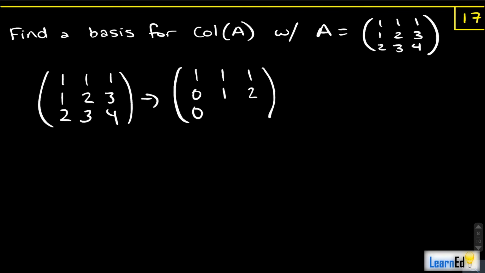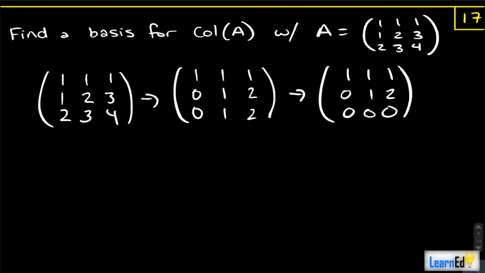Then we multiply the first row by -2 and add to get the third row. That will zero out the third row, and so you have something that's linearly dependent.